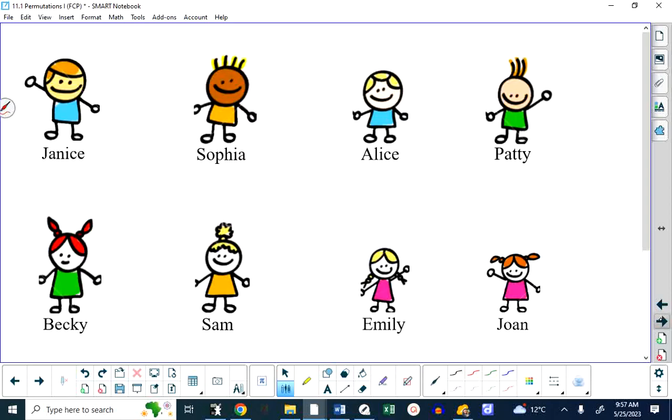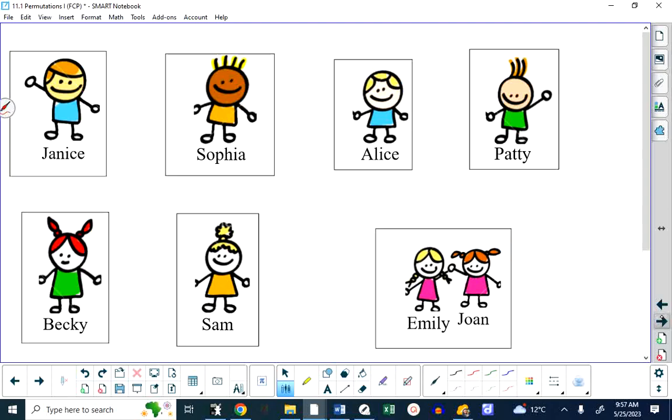Here they are. There are 8 people, right? But we are not going to be arranging 8 items. We are going to be arranging 7, because Joan and Emily are locked together. They must be together.